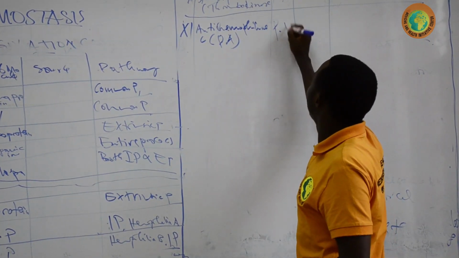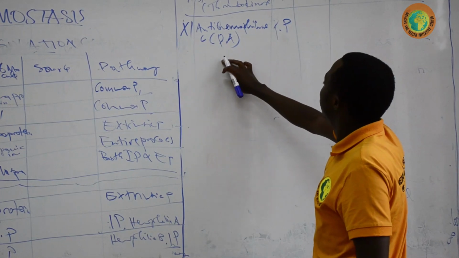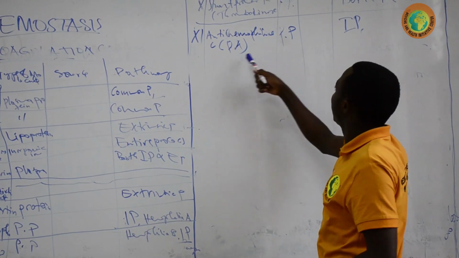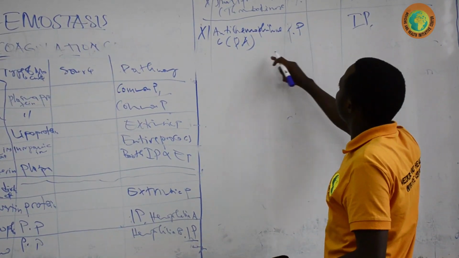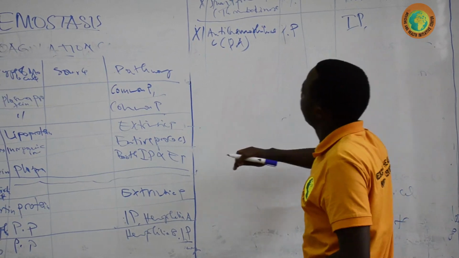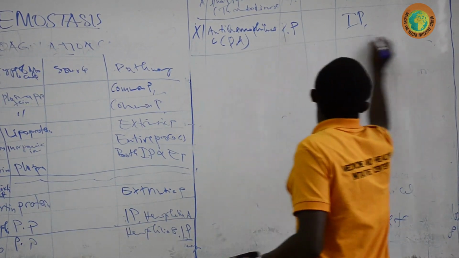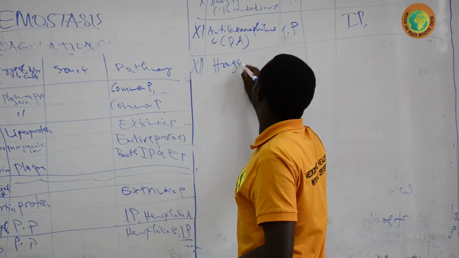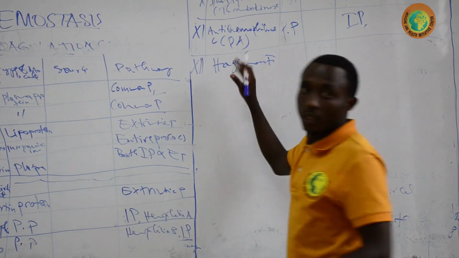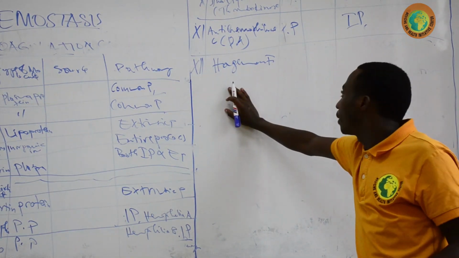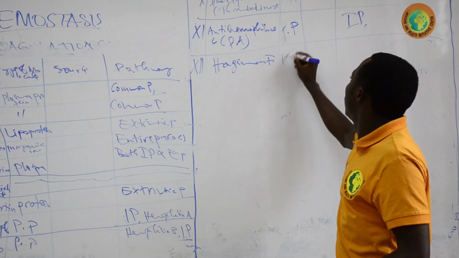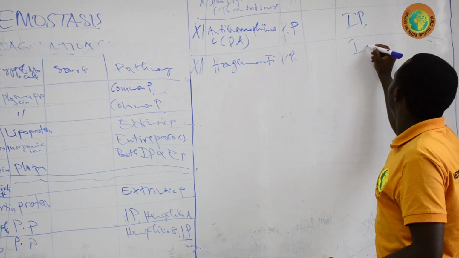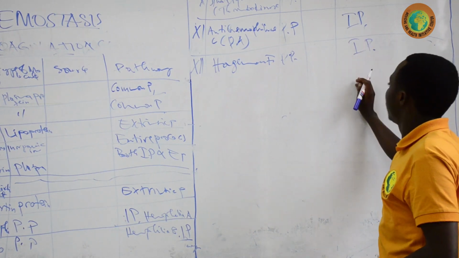It is also a plasma protein, and it works in the intrinsic pathway, and its deficiency leads to hemophilia C. Factor 12 is Hageman factor, which initiates the intrinsic pathway. It is also a plasma protein, and it works in the intrinsic pathway.